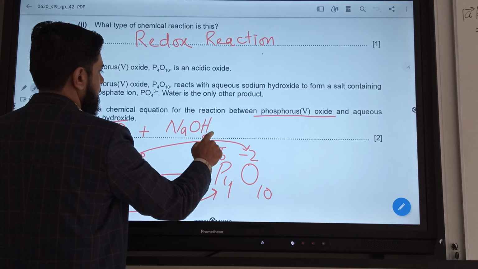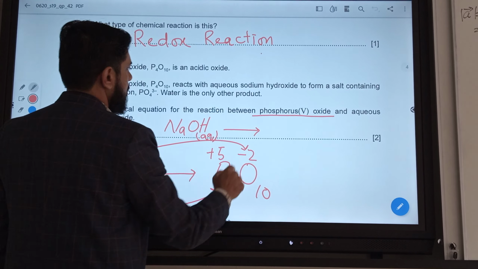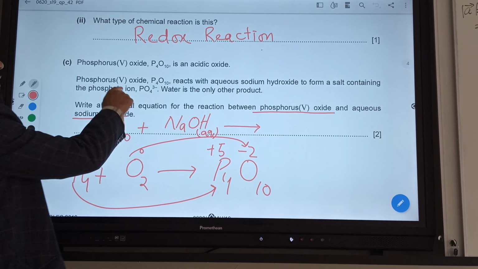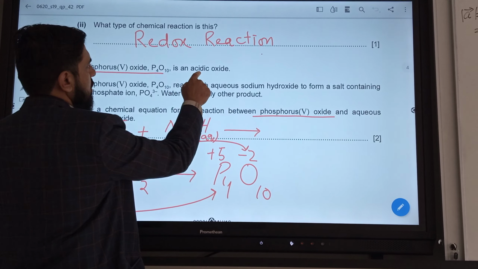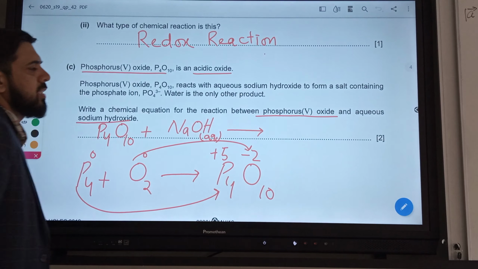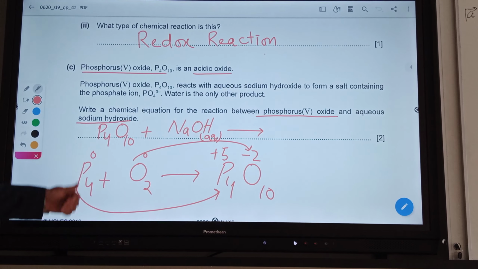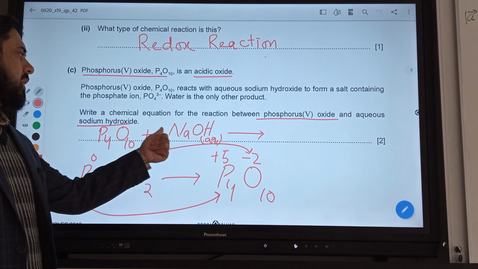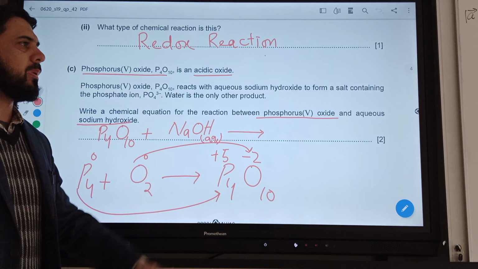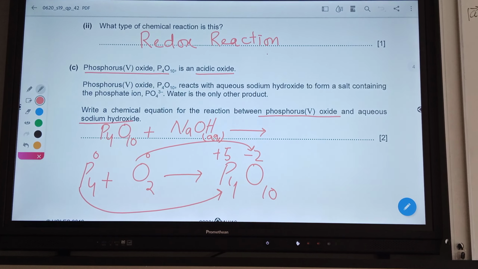As we mentioned, phosphorus 5 oxide is an acidic oxide, and we know that non-metal oxides are acidic. So when a non-metal oxide, an acidic oxide, reacts with an alkali, they will produce salt and water.